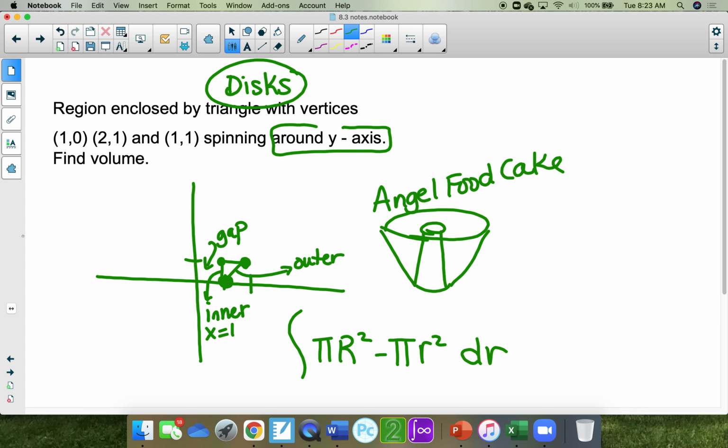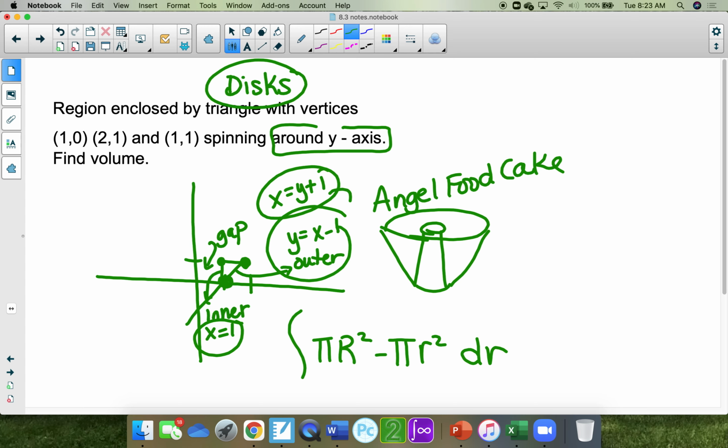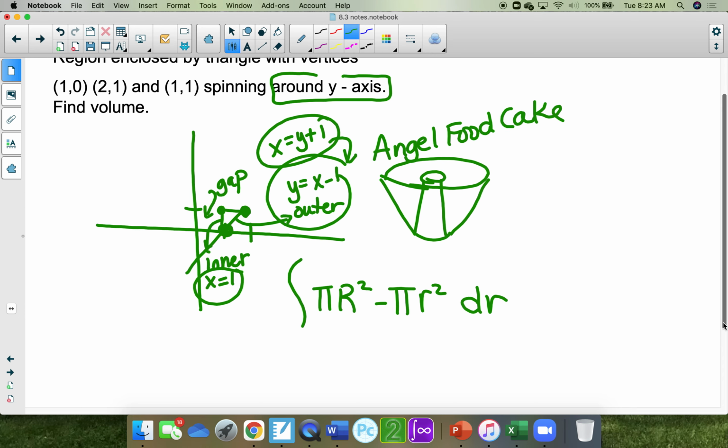And this is the equation y equals x minus 1. So x is going to equal y plus 1, and if we're going around the y-axis, my limits are 0 to 1.